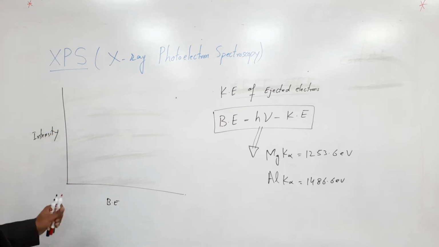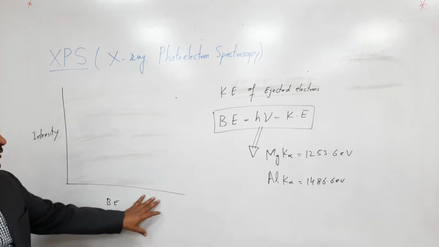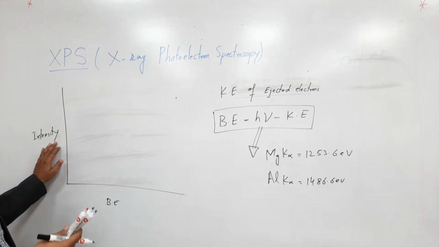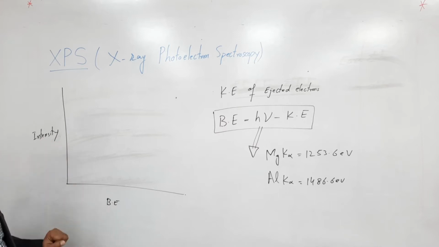This sort of spectrum will have the intensity of emitted electrons from the core orbitals, and then their binding energy.